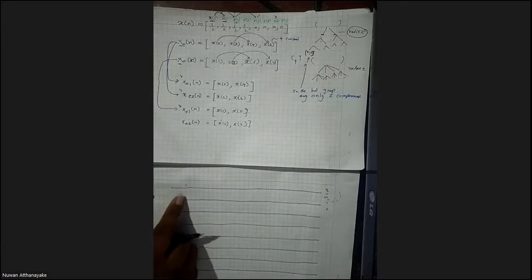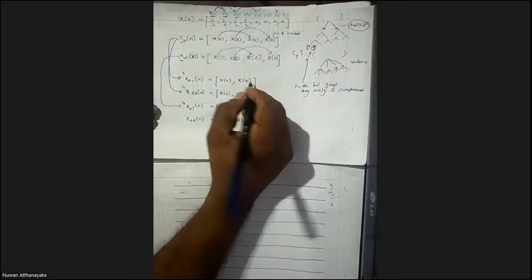If it is a 4-point DFT, you only have to draw 4 lines. But because this is an 8-point DFT, you have drawn 8 parallel lines. If it is a 16-point DFT, you have to draw 16 parallel lines. So you can see that.